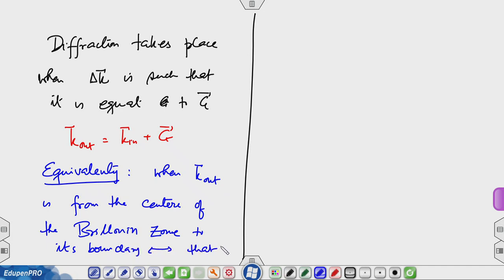That is a possible direction of X-ray diffraction. Why is that so?